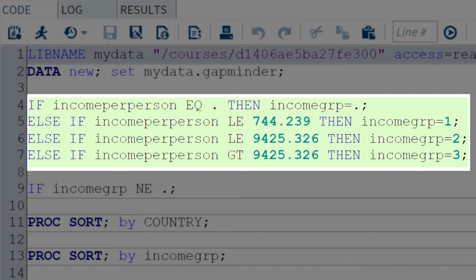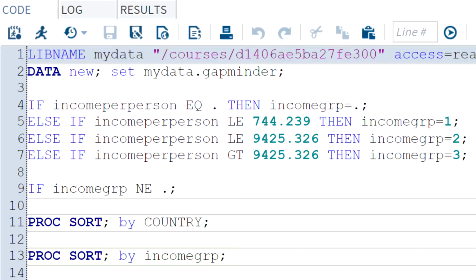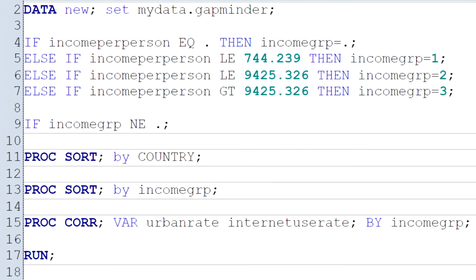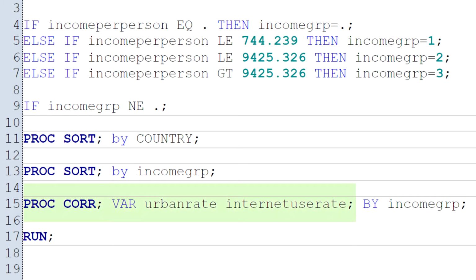We begin by creating the third variable, a new categorical variable called income group. We sort the data by this new categorical third variable. Next, we run the correlation between urban rate and internet use. And then we include a by statement telling SAS to calculate the correlation coefficient for each income group.